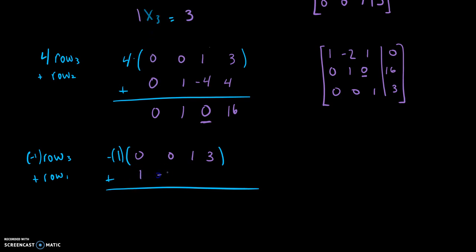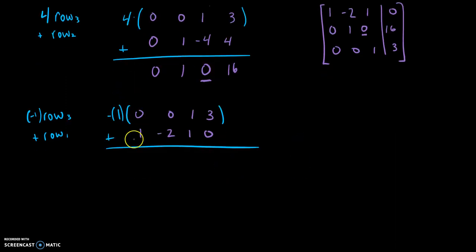So we have 1, -2, 1, and 0. And what do we get? Well, -1 times 0 is 0. So 0 plus 1 is 1. -1 times 0 is 0. Plus -2 is -2. -1 times 1 is -1. Plus 1 is 0. Again, that's our objective, which is what we want. -1 times 3 is -3. Plus 0 is -3.